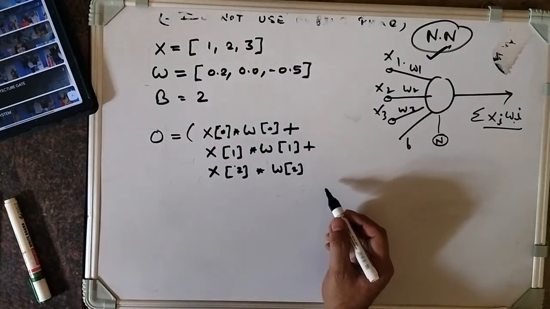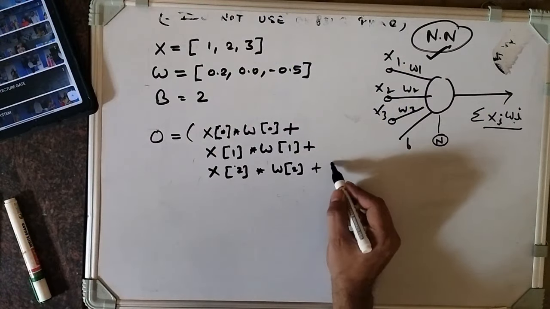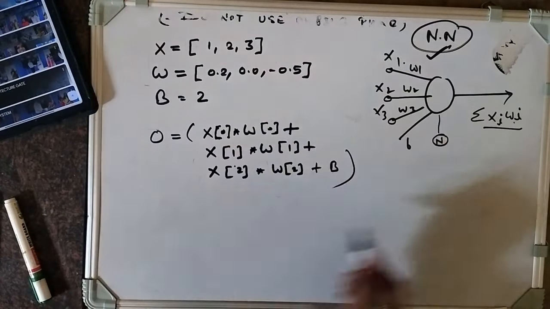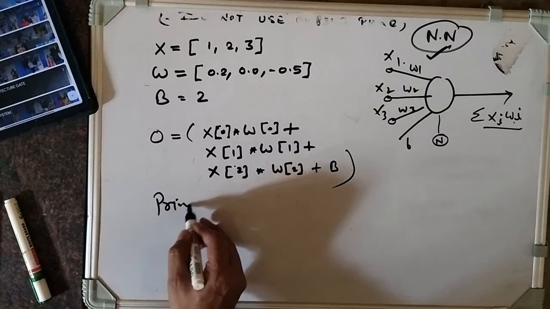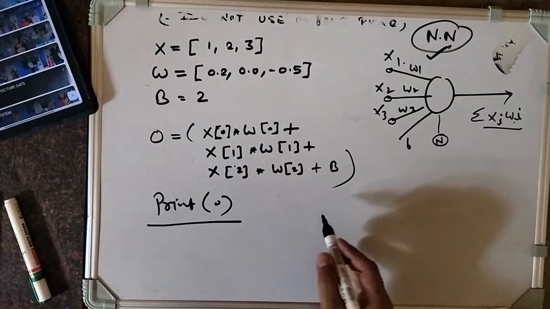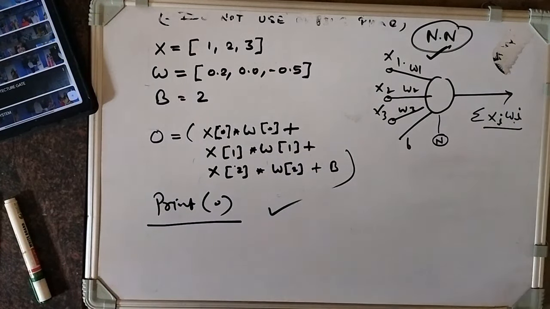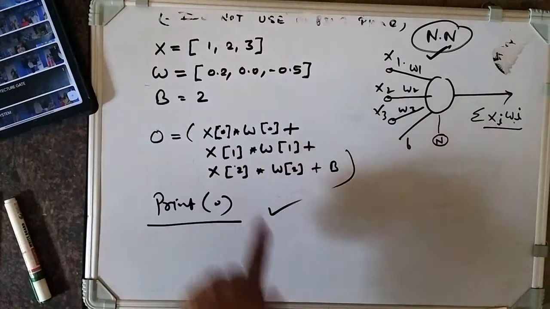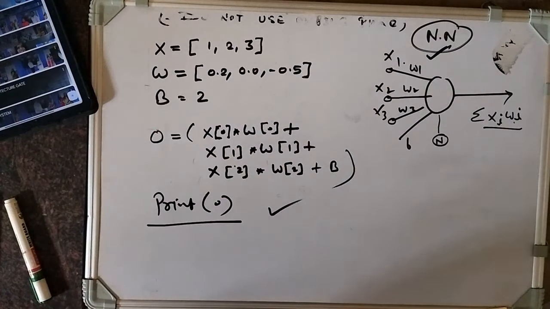Done. At last I will add the bias. So this is your output. Now at last you will write print output, and it will display the answer. I will also show it later in Colab.